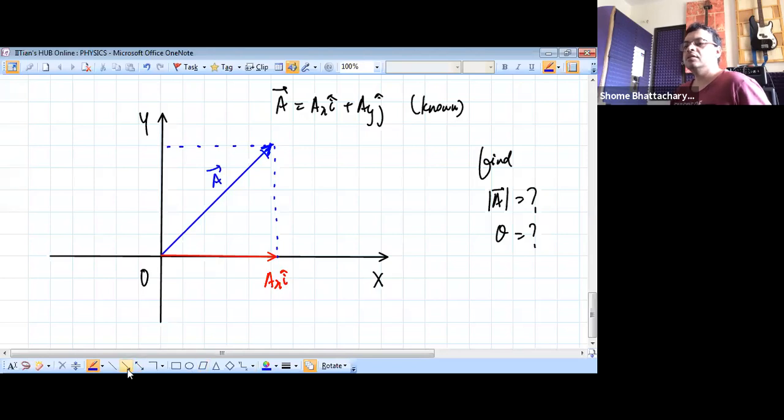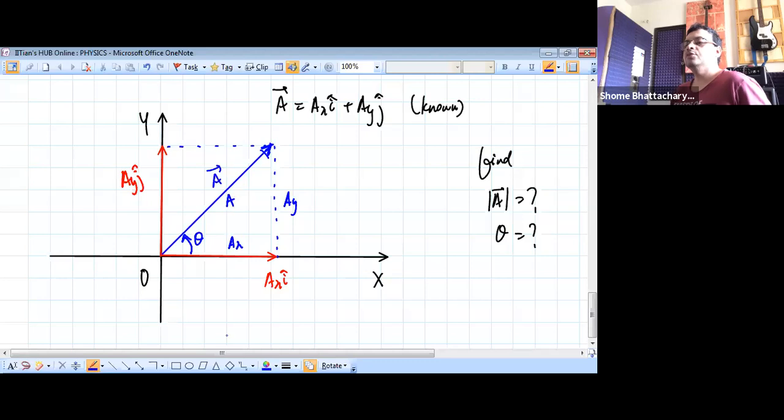So you can see that this over here is the y component, Ay j cap. Now if you concentrate on this triangle, this is the angle theta. This is Ay in length. This is Ax in length.